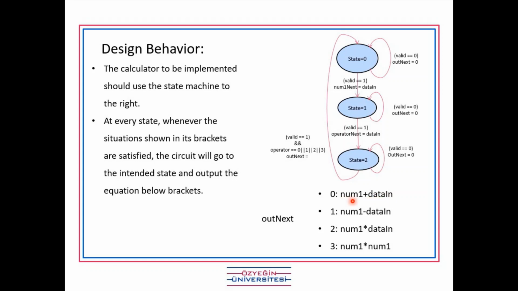This is the first value we have. If the operator is 1, we do this subtraction. If it is 2, then we do this. Otherwise, if it is 3, then we do the square operation. Okay, so this is the state diagram. This is the simplest calculator that we are doing here. Let me go and explain in the code.